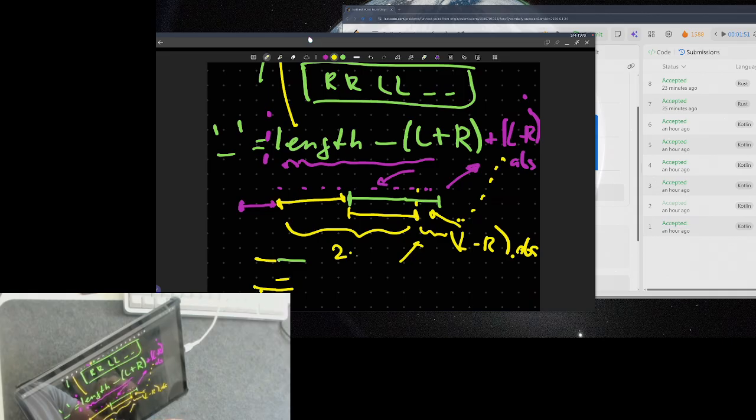I would say two minimums of LR. This is what it is.